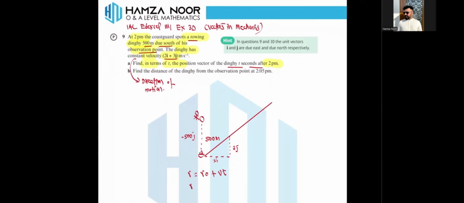So r is equal to what? r naught is simply minus 500j because the i component is not there. In place of r naught, I'm going to write minus 500j, and the velocity vector is 2i plus 3j meters per second, so 2i plus 3j times t.